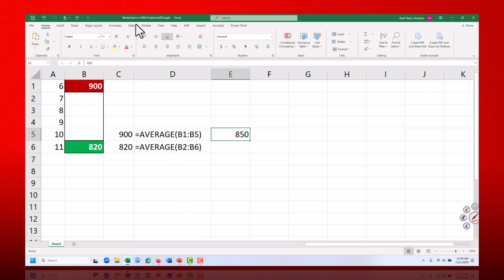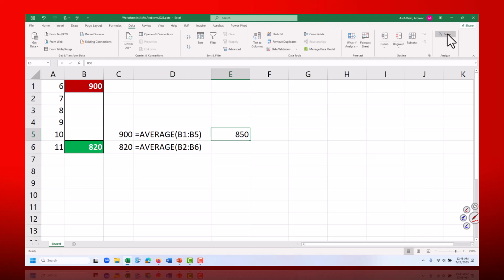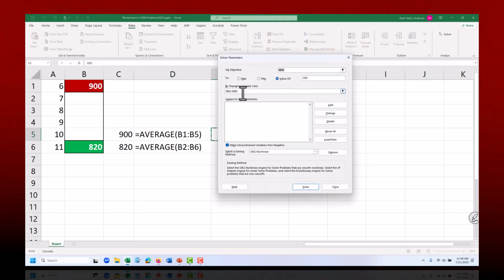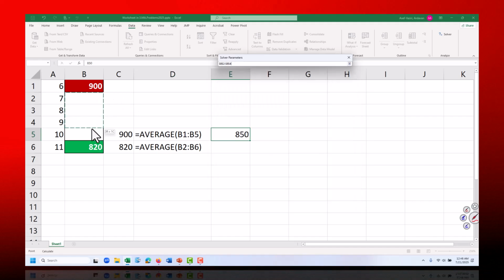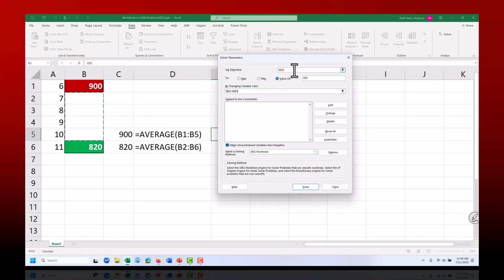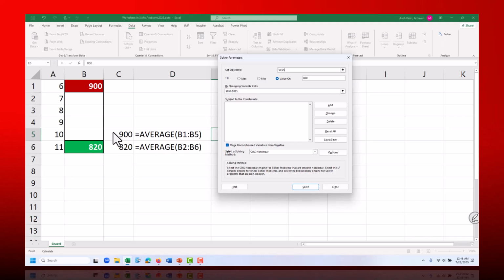So I go to Data, I go to Solver. I say, Mr. Solver, please look at these numbers, which I don't know what they are. But I know that this average here is equal to 850.